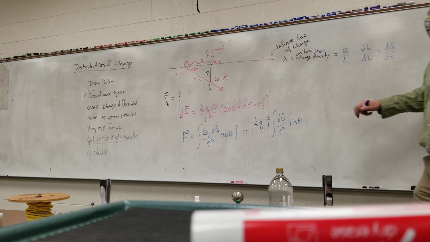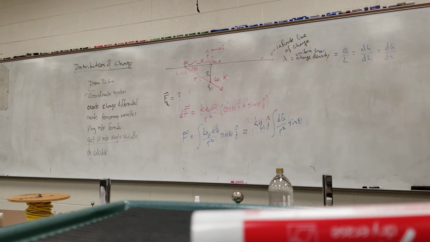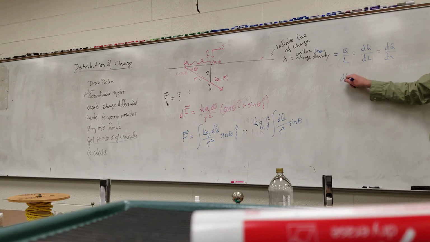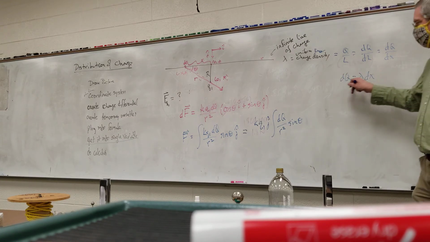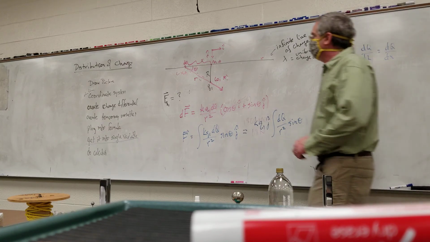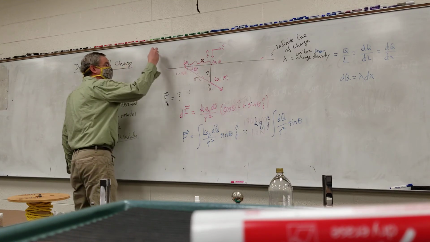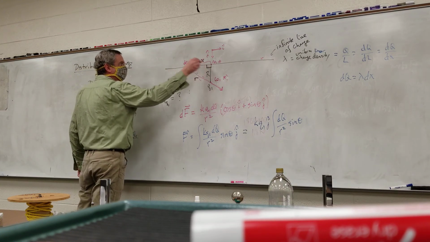It's uniform, so no matter where I take my little piece of it, the charge density is the same. So from this, I know that dQ is equal to lambda dx. So I'm going to plug that in. R squared, again, this is R here, and that's X. I know that it's a right triangle.